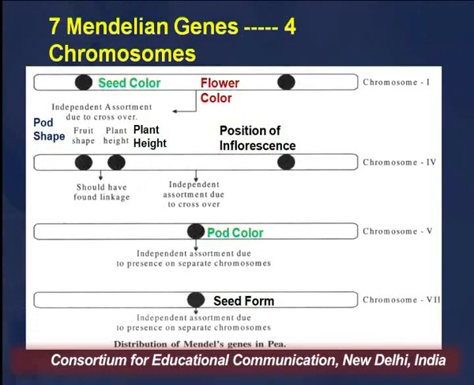So when Mendel made a cross between the pod shape and the plant height, the results definitely were at variance. He did not understand, and he did not report this cross in his findings at all. Later people came to know that this was a case of linkage.